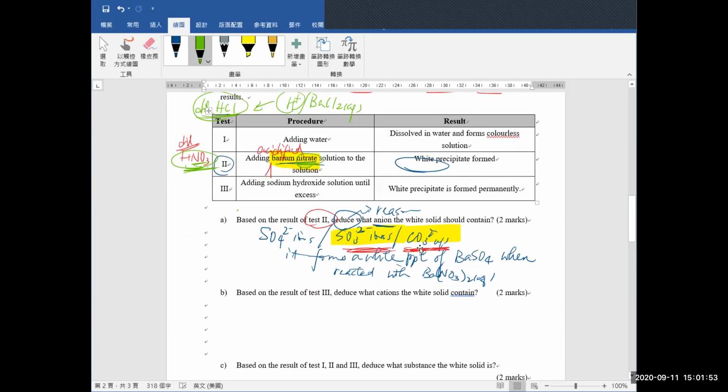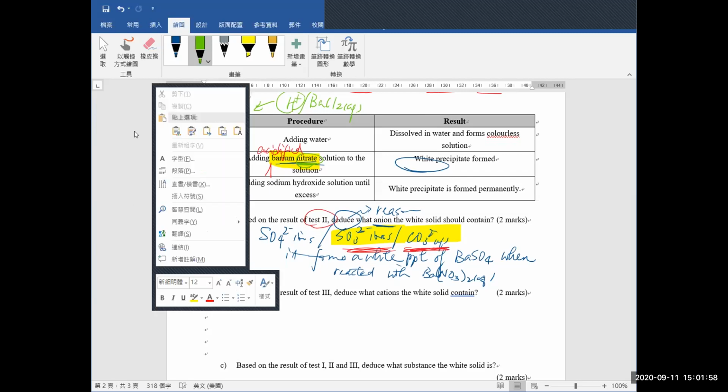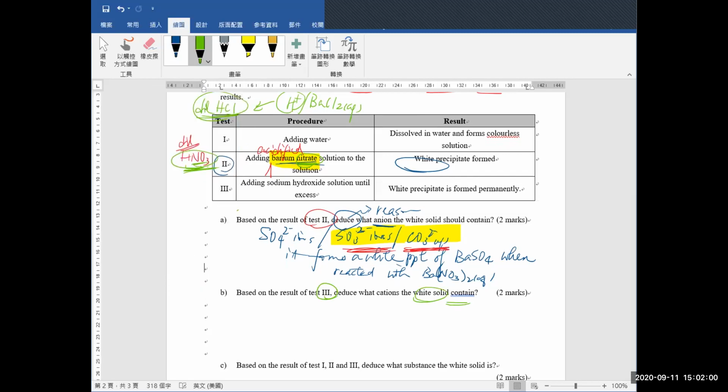Based on the results of test 3, deduce what the solid contains. Well, have you tried? Who else? Who haven't tried?